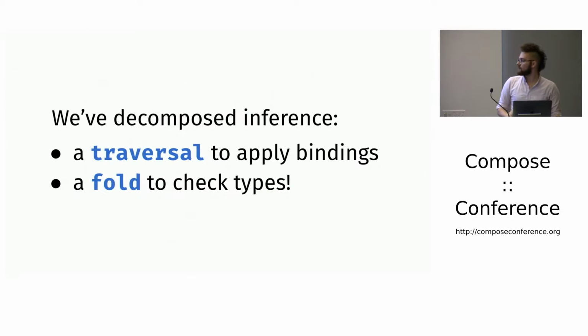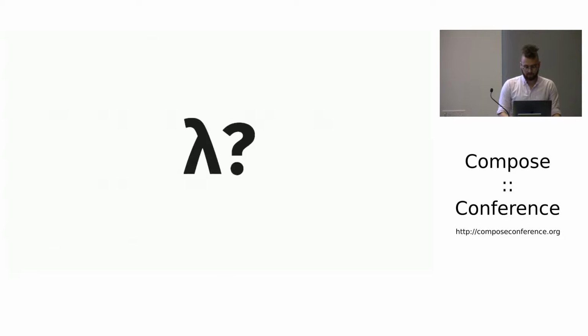We've decomposed inference into a traversal to apply the binding structure of our language, and a fold to check the types in our language, which looks really nicely, except what about lambda? So I'm going to pause here for a second for slow digestion, and then I'm going to move on.